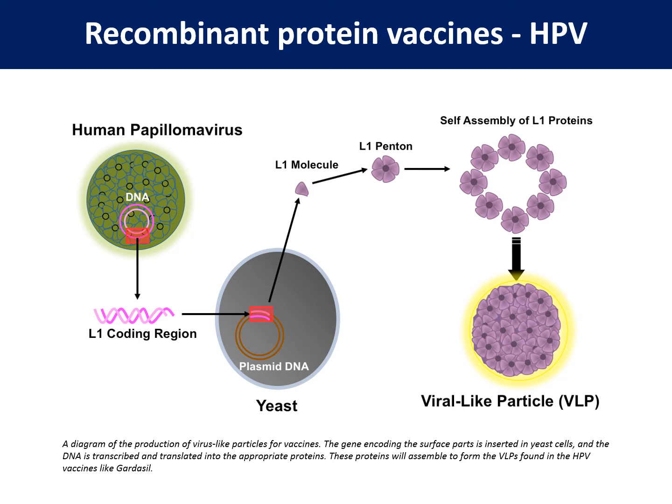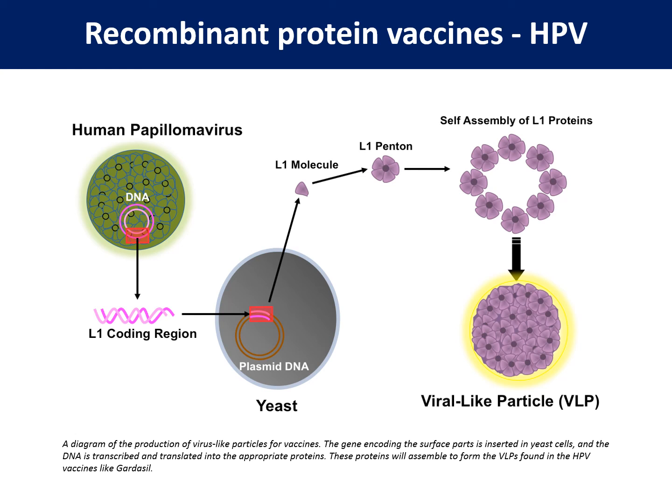Basically the HPV vaccine is based on the L1 protein, which is the major capsid protein of human papilloma virus, and L1 is a protein with the ability to spontaneously self-assemble into virus-like particles.